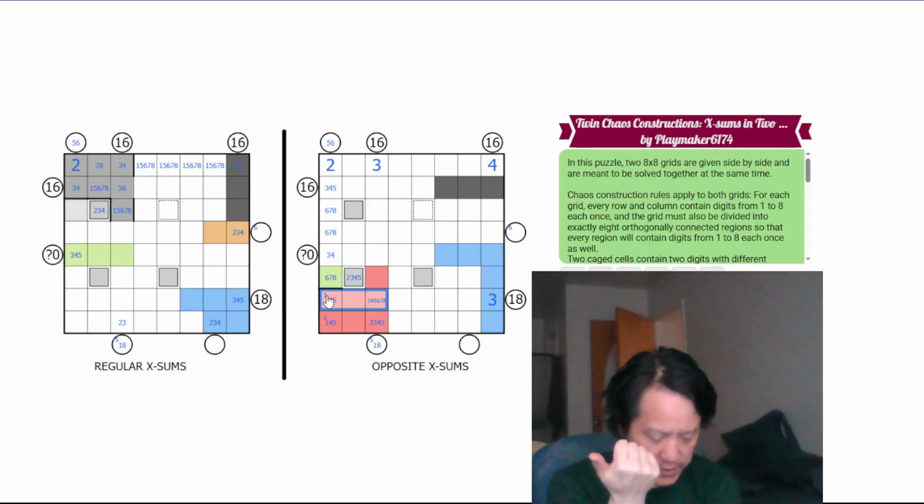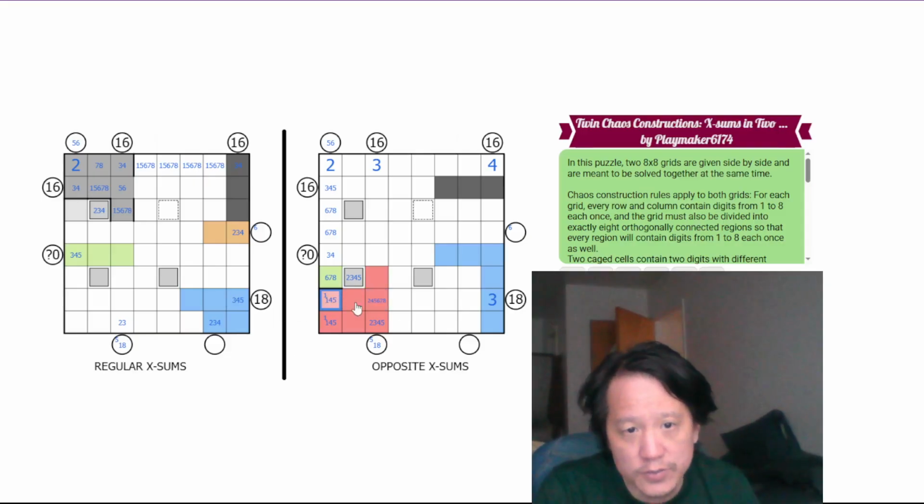It could be 4, 6, 8 or 5, 6, 7. So either way, 1 could not be here. That would force 1 to be here. No 3 here. So this would be the 4, the 5, and then you'd have 6 guaranteed here with 7 or 8.